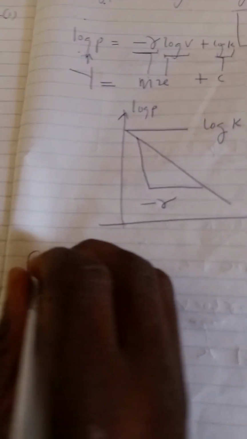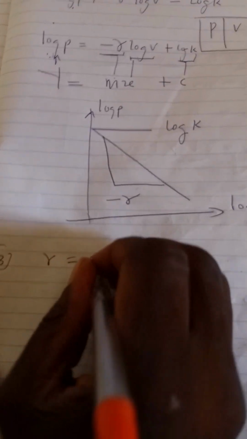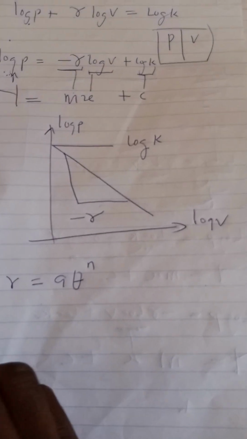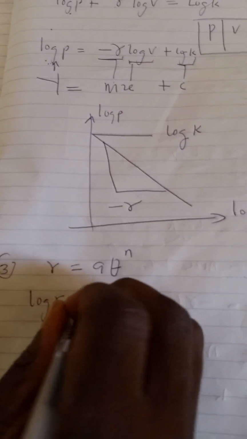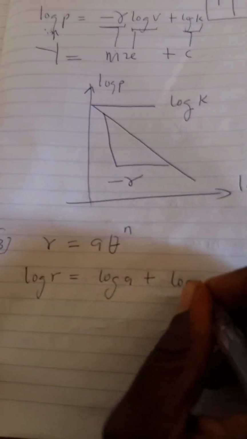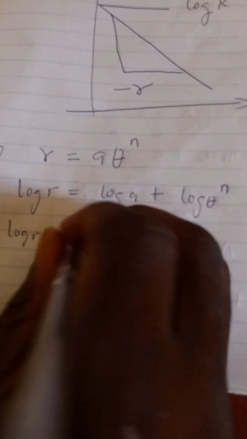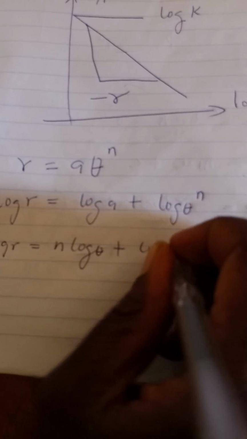If we are given equation 3 as r is equal to a theta raised to power n, there is no e here, so we go straight and slot in our logarithm, where we have log r is equal to log a plus log theta to the power of n, so that we have log r is equal to n log theta plus log a.